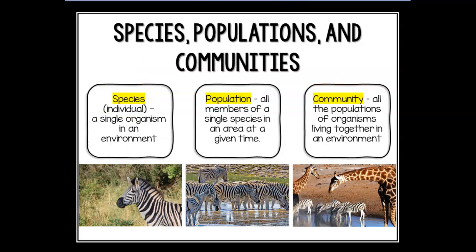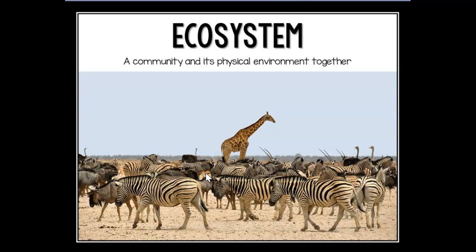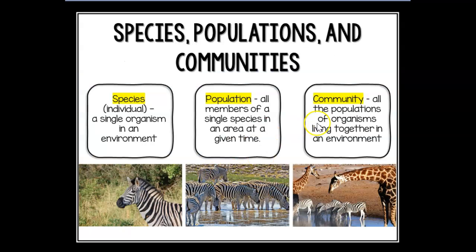And then the ecosystem is that community and its physical environment together, right? This goes back to the biotic and abiotic. I can't have an ecosystem with just biotic factors. I have to have that abiotic as well. So the community is all of those organisms living together, right? And this could also be plant communities as well.